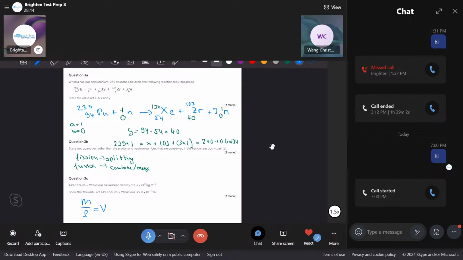When you talk to somebody and say, if I divide mass by density, I get volume, what would be a better way to phrase it? Of course it's correct, but what would be a better way to say it?